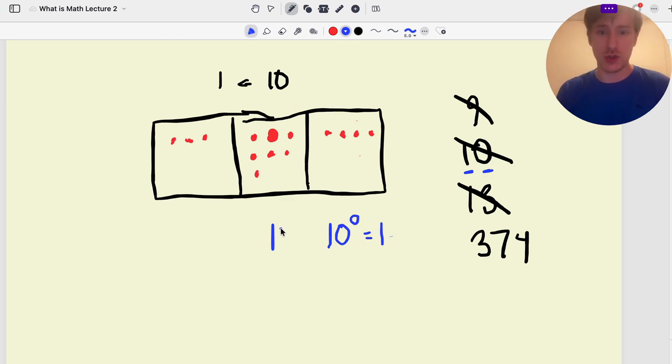And so I can choose to represent this as 10 to the first, which, remember from the last lecture, means that I want 1 copy of 10. So that's really just 10. And so each of these dots to the leftmost box had to result from an explosion of all the dots in the middle box. So each of these dots would be worth 10 times more than the dots to the box to the right.